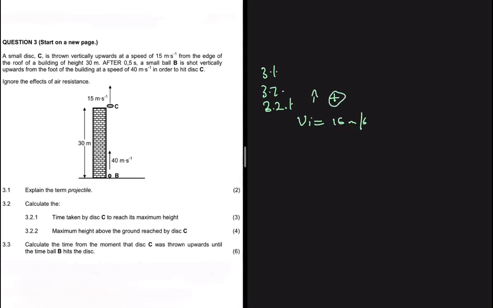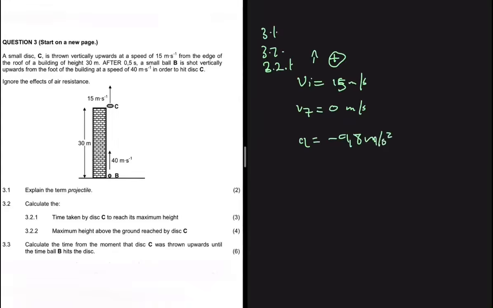And we're looking for the time it takes to reach maximum height. So we know fully well that at maximum height, VF is equal to 0 meters per second. And then we also have the acceleration, which we always do. It's going to be minus 9.8 meters per second squared, right? As we're taking up as positive, everything going down should be negative.